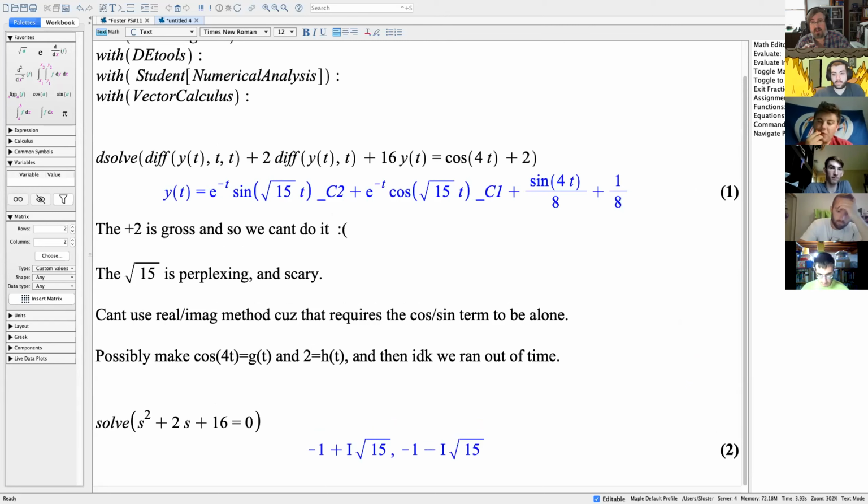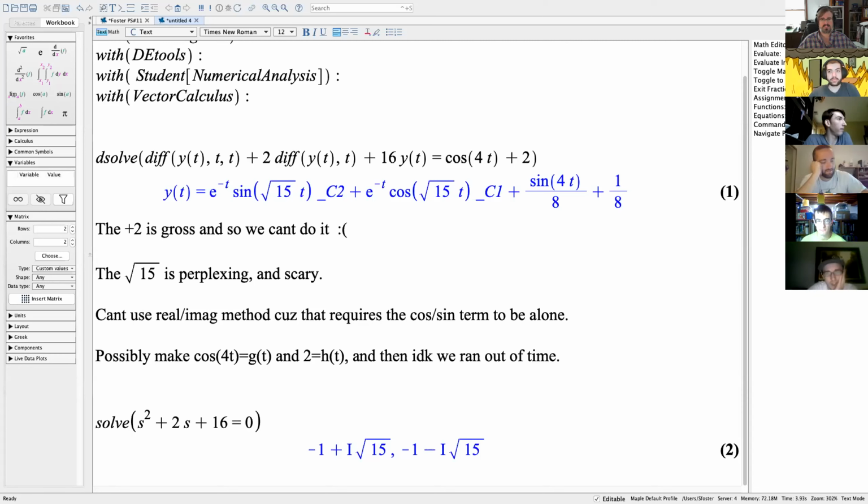Well, just for the record, does any of that look familiar to Team Humble? Not Team Humble, Team Ego. Who had number 1? Sorry, Team I Don't Know. Does any of their solution for that differential equation look familiar to you? All of it but the plus 1/8.